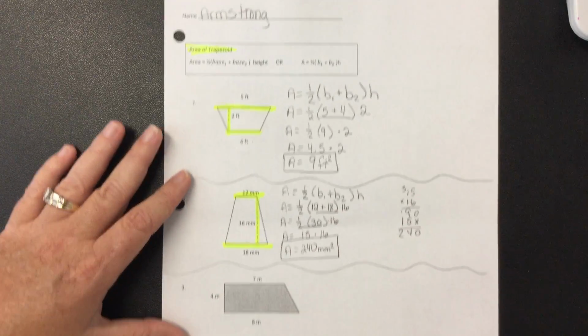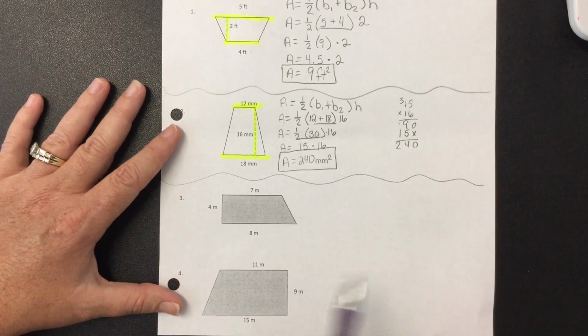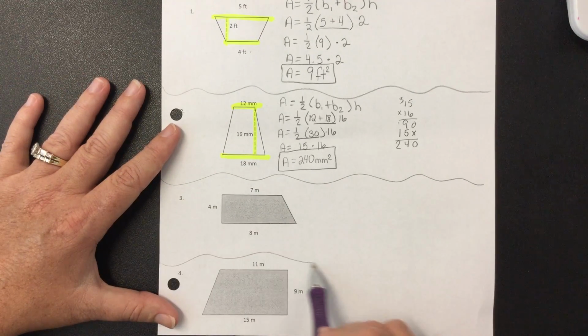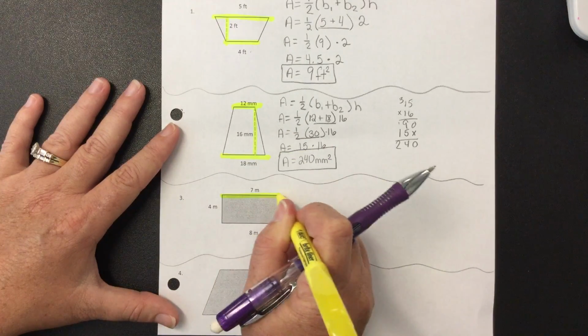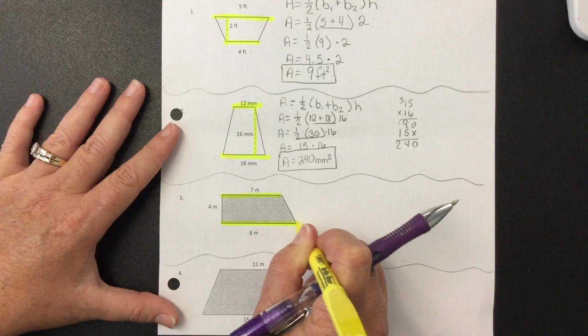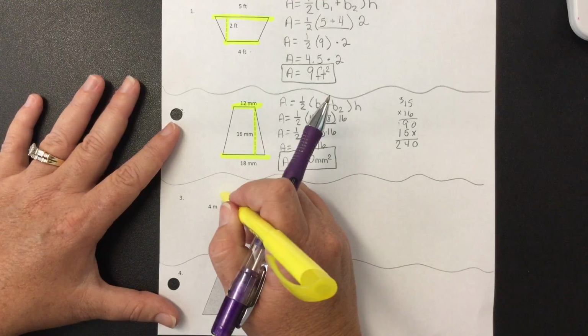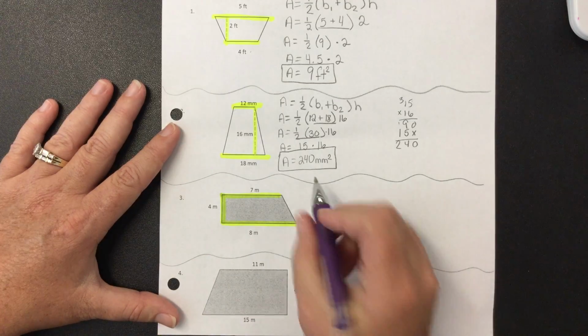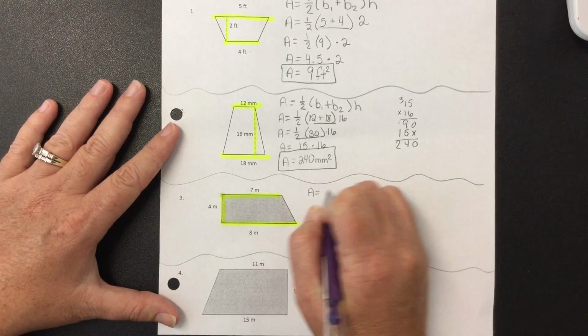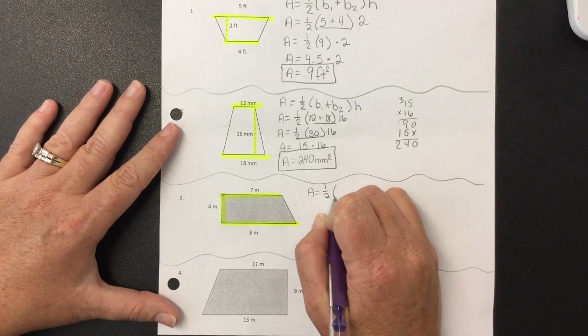Awesome. Example number 3. What shape is this? Trapezoid. Highlight my set of parallel lines, and the line that connects the two. Write my formula.